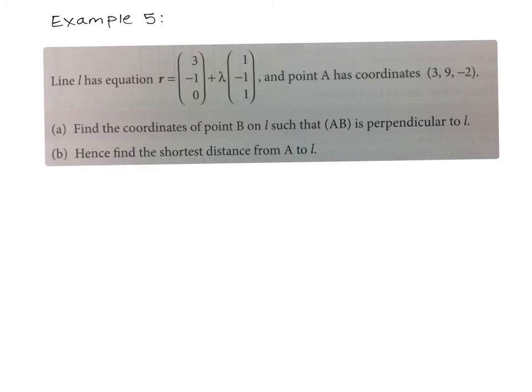It gives us the equation of a line, it gives us the coordinates of point A, and they want us to find the coordinates of point B so that AB is perpendicular to the line L. So we want AB, whatever that vector is, to be perpendicular to line L. That means it has to be perpendicular to the direction vector of line L, and the direction vector is this one.